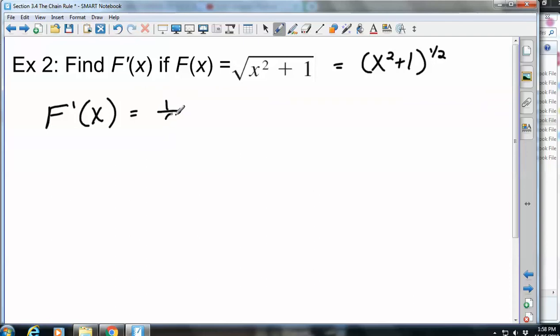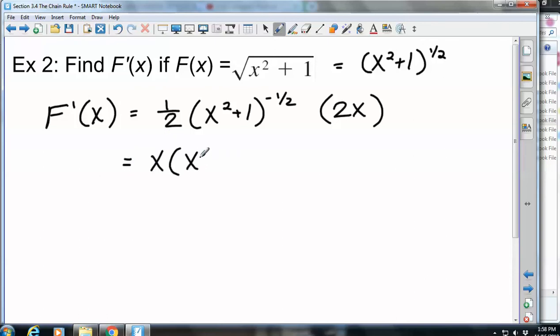Bring the exponent out to the front. Inside stays the same. Subtract 1 from the power, times the derivative of the inside. So simplify: 1/2 times 2x would just be x, times x squared plus 1 to the negative 1/2.